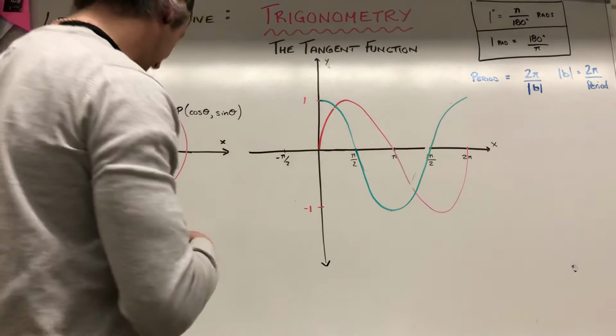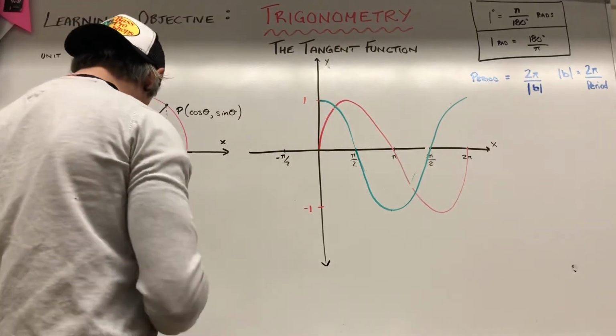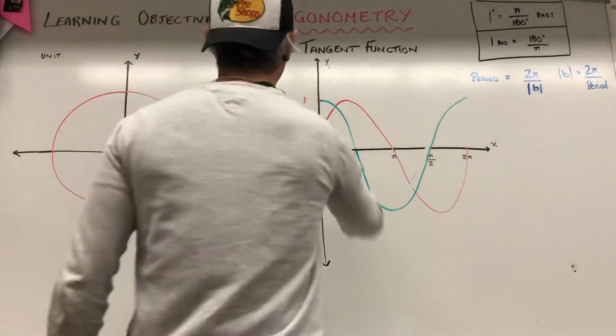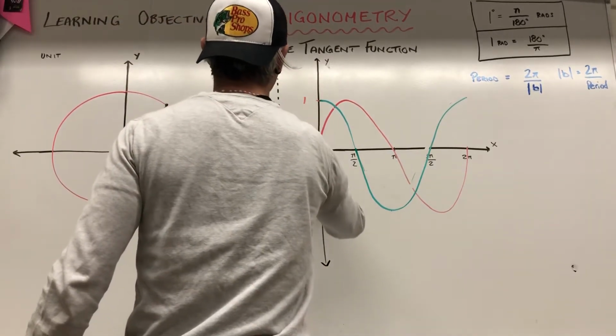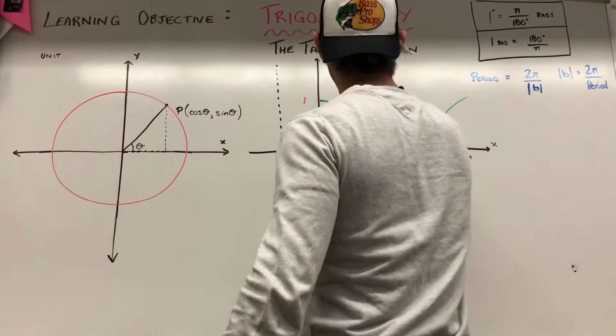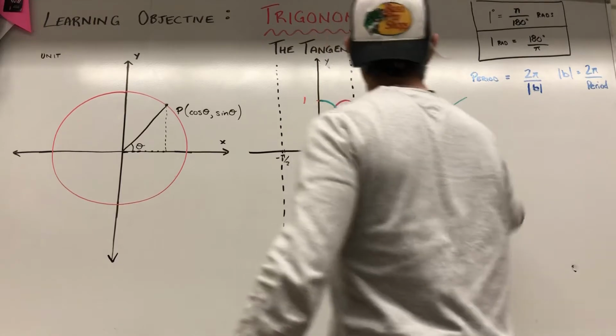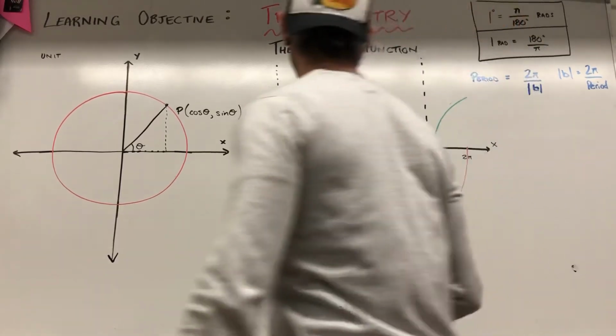Now the tangent function, which I'm going to attempt to draw here, basically works, it's an asymptote, okay? And it works between, all right, so this is what the tangent function looks like.